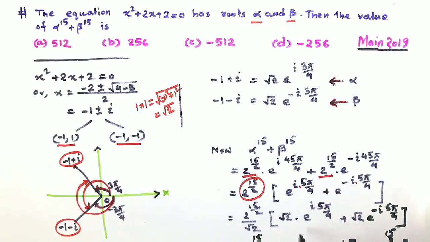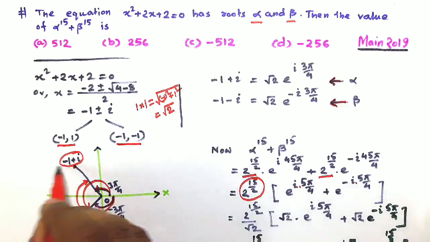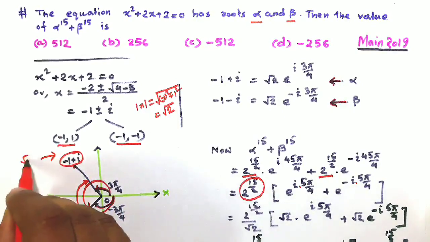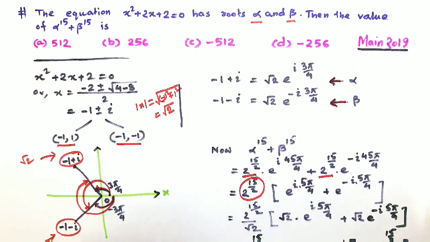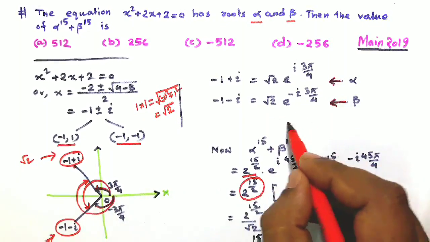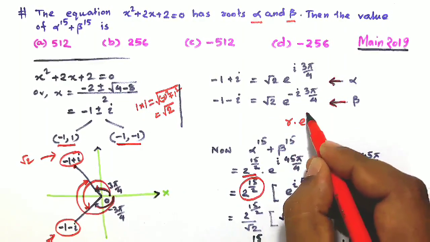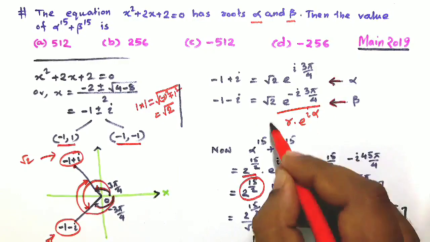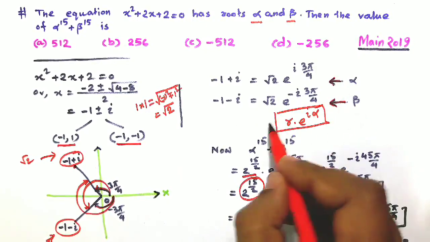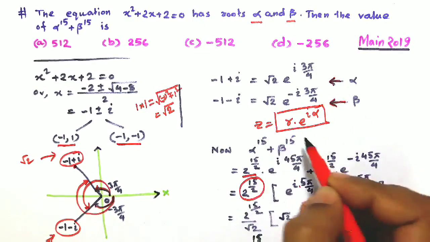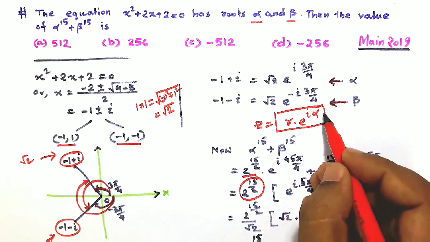Since the modulus of this point is equal to root 2, similarly the modulus of this point is also root 2. For this you have to divide by root 2 and multiply by root 2. Since you know in Euler form the points are r into e to the power i angle. This is the Euler form representation of any complex number, r into e to the power i alpha.